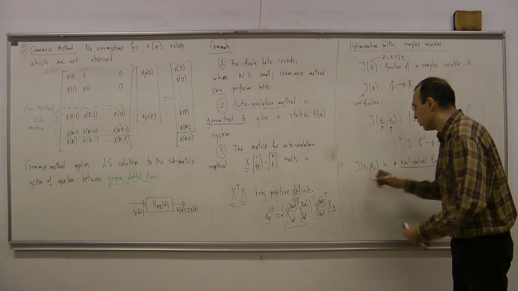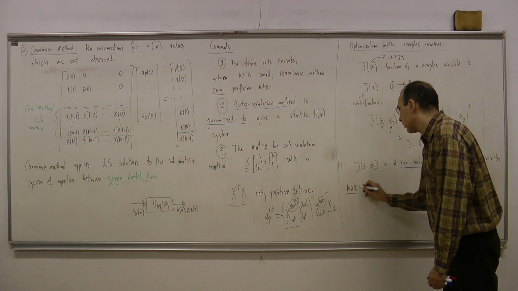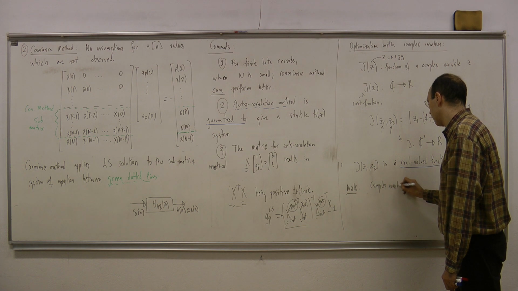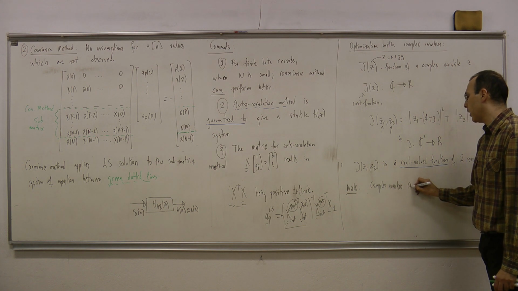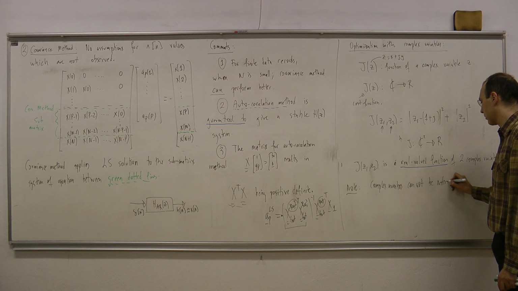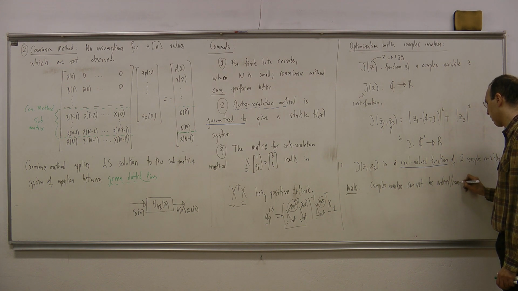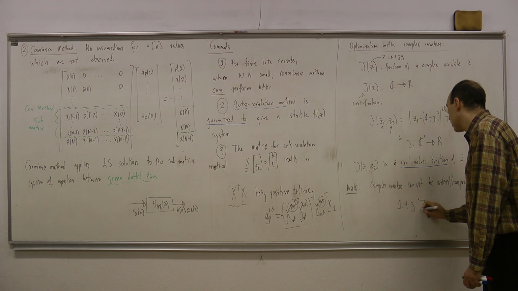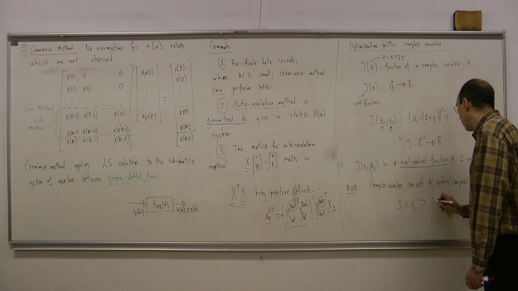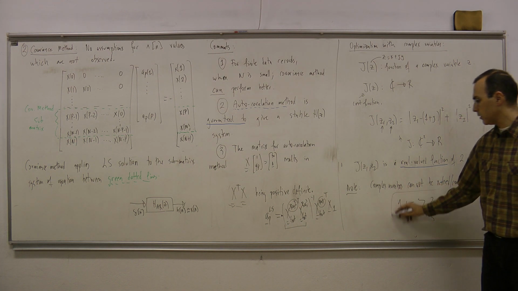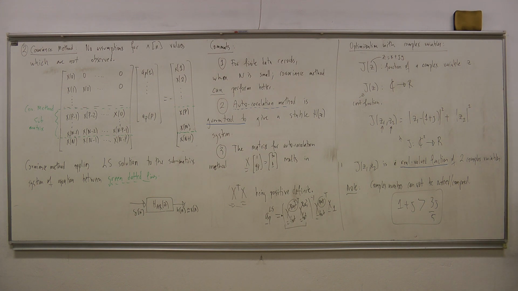Oh, let me write a note. Note, complex numbers, obvious, but cannot be ordered or compared. In other words, you cannot say that 1 plus j is greater than 3j over 5. Okay? This doesn't make any sense. Complex numbers cannot be ordered like that.